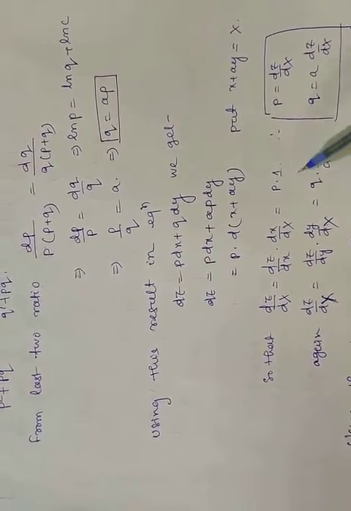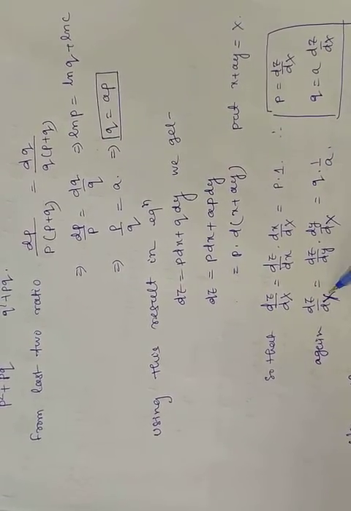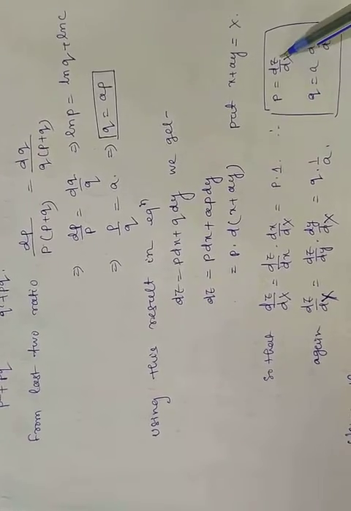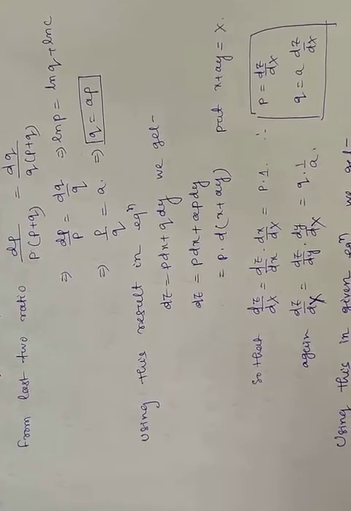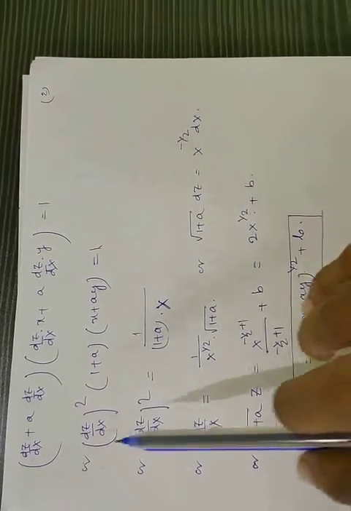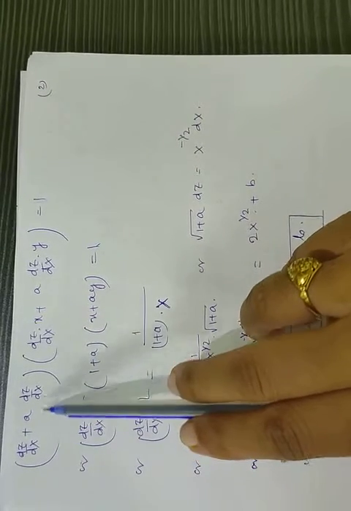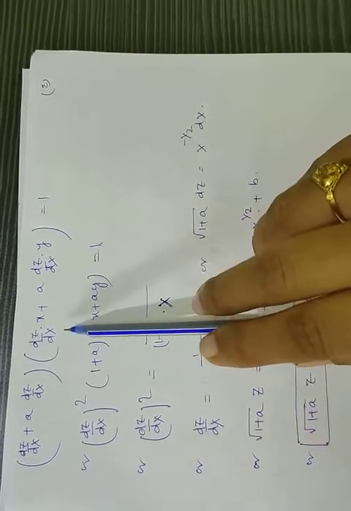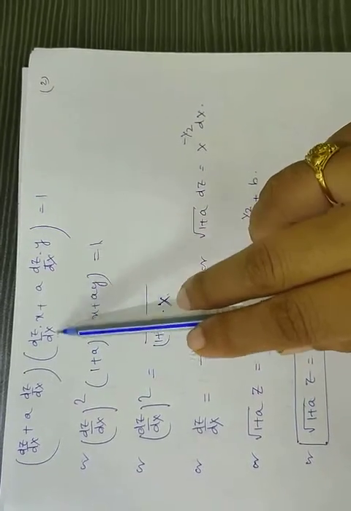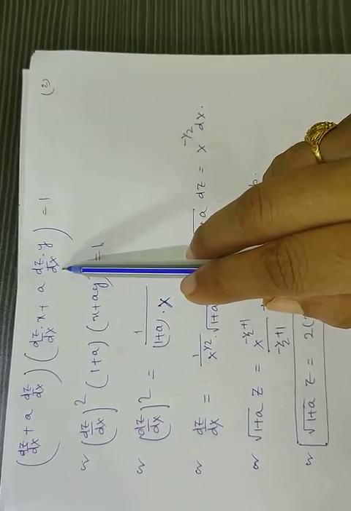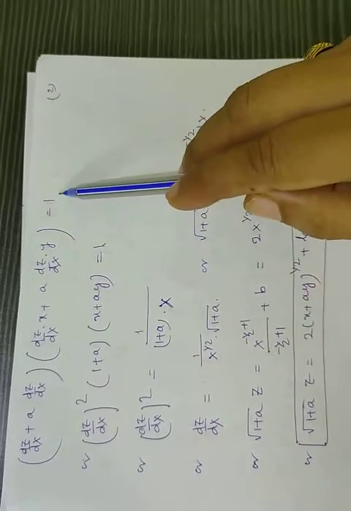So what we get is p = dz by dX and q = a dz by dX. Hence the given equation can be written as (dz by dX + a dz by dX)(dz by dX x + a dz by dX y) = 1.